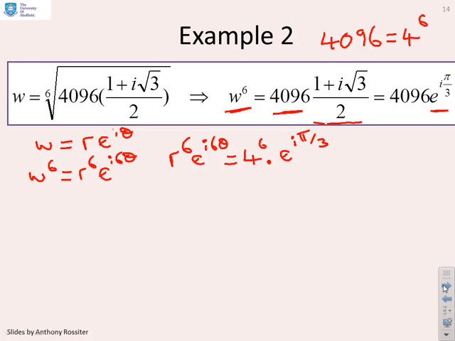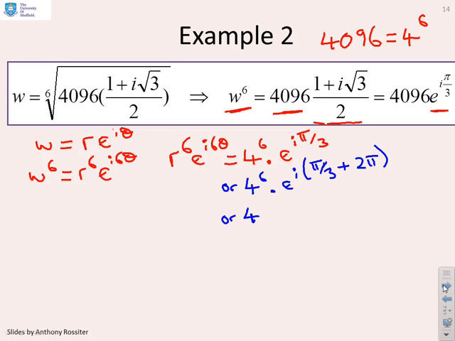So that's solution 1. However, equally, I could have said, or 4 to the 6 times e to the i (pi by 3 plus 2 pi), because pi by 3 plus 2 pi brings me back to the same phase, so it's the same complex number.